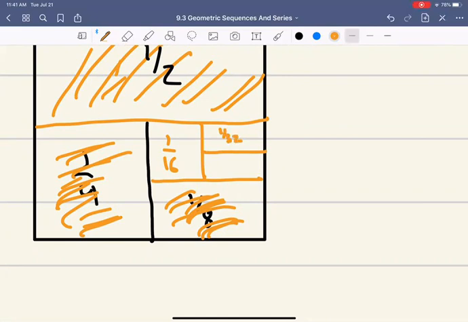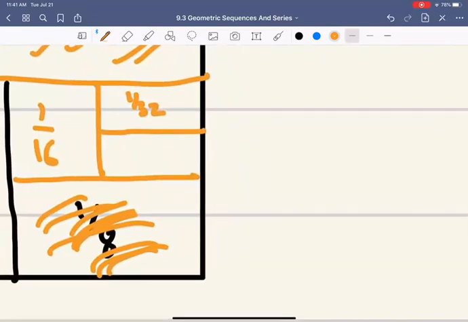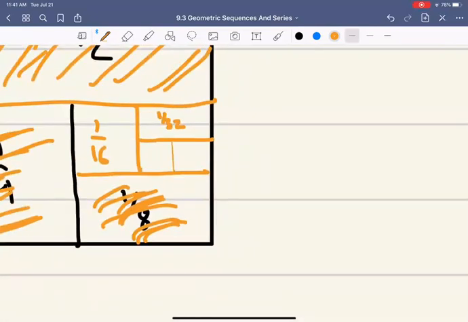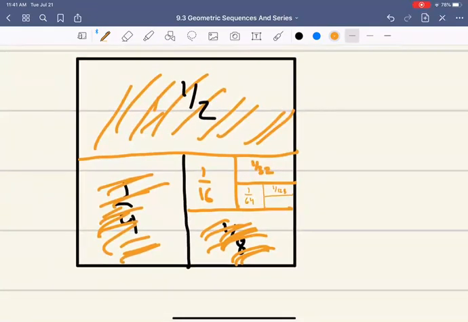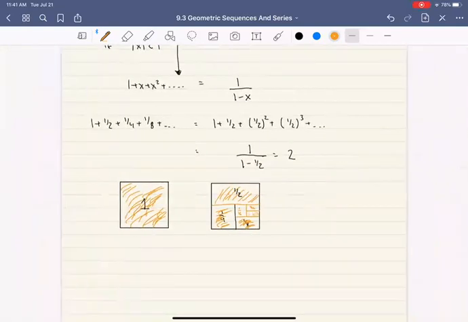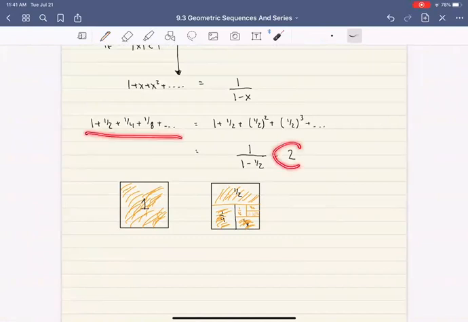I've got to go into a finer one. 1/64 is half of 1/32. 1 over 128. Unfortunately, GoodNotes is not infinitesimally small, so I'm sort of stuck. So on and so forth. So you can see that this sum is going to end up equaling 2. We're just going to keep on going, okay?